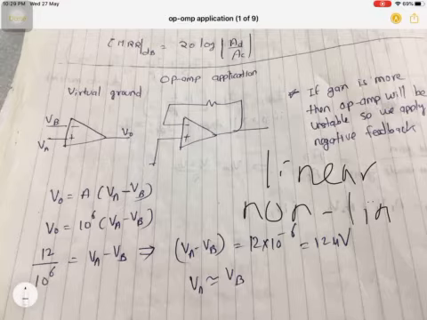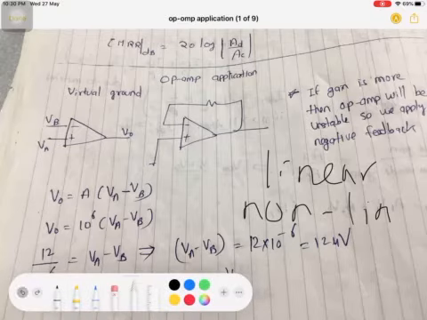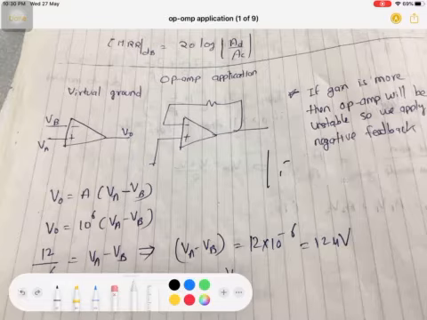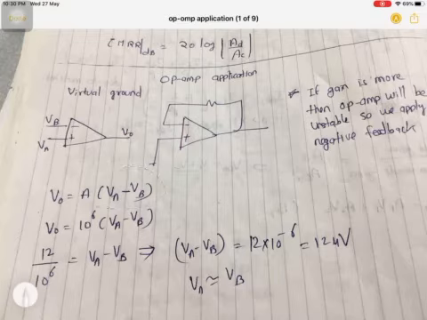In general we know that V0 equals gain multiplied by VA minus VB. It is given that VA minus VB is 1 volt. So if the gain is 1000 and VA minus VB is 1 volt, then V0 is 1000.